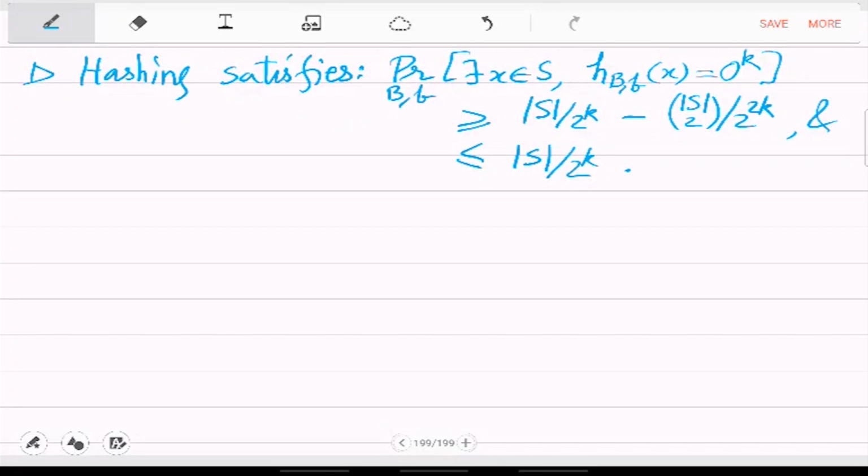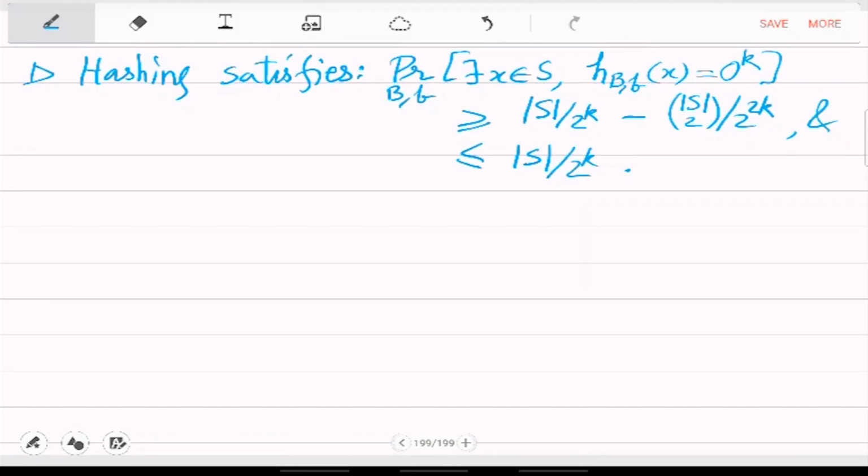I mean, roughly hitting one point in the image, fixed point probability is 1 by 2 raised to k, and there are S elements, so it cannot be more than S by 2 raised to k. But then what may happen is collisions. So many elements may be mapping to the same element in the image. So for that, the probability may fall, but it may not fall by more than S choose 2 by 2 raised to 2k. That's the rough intuition for these two properties.